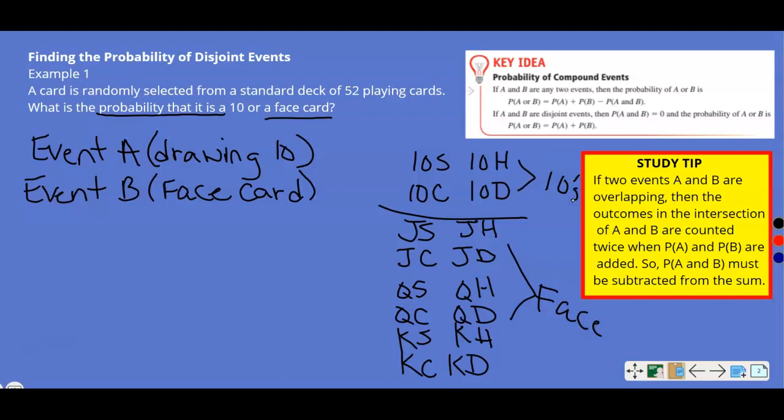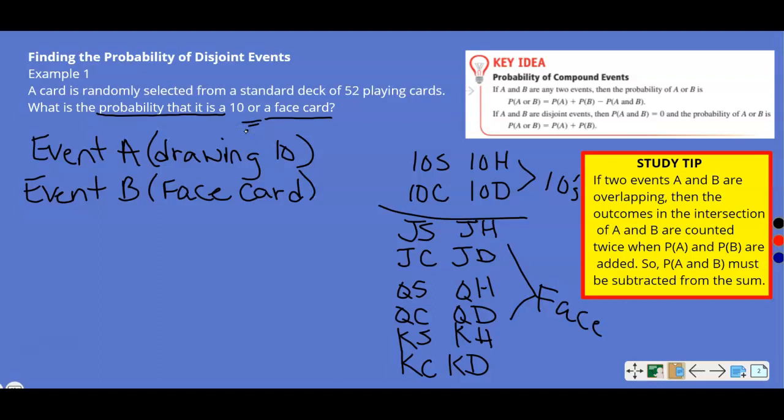All right, now that we have all of that, that's our sample space. And we want to know the probability of what is the probability that it is a 10 or a face card? Or tells us that this is going to be the probability of a compound event.